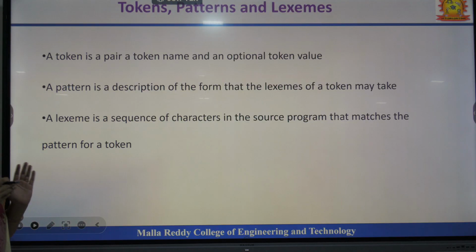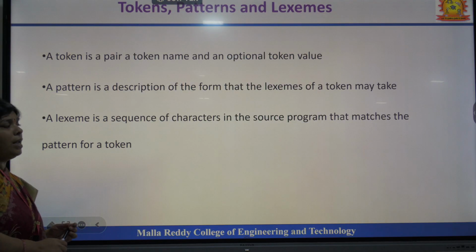That type of pattern has to be identified for that particular lexeme. The lexeme will be given to the pattern, so that the pattern will identify what type of token it is. For example, if it is a number or a constant, all should be digits. So we will be given some set of patterns, and lexemes are matched with those patterns. To whichever pattern it has been matched, that type of token is generated by the lexical analyzer.